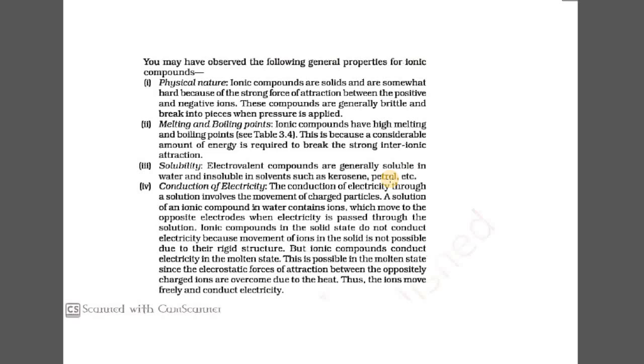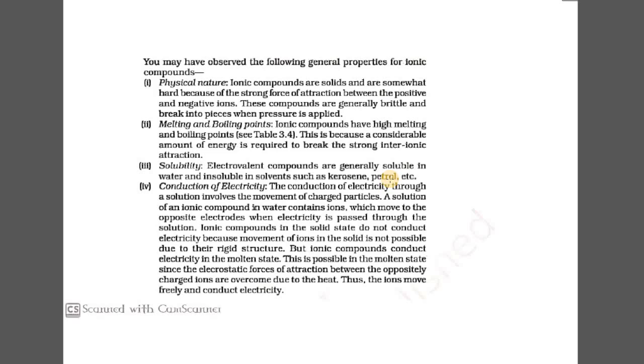Now the fourth point, which is very important, is the conduction of electricity. If you are required to identify and differentiate between an ionic compound and a covalent compound: if it is able to conduct electricity, then it is an ionic compound, and if it is not, then it is a covalent compound. How? Because ionic compounds are able to ionize.